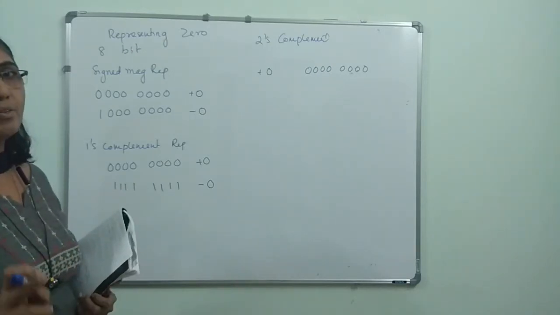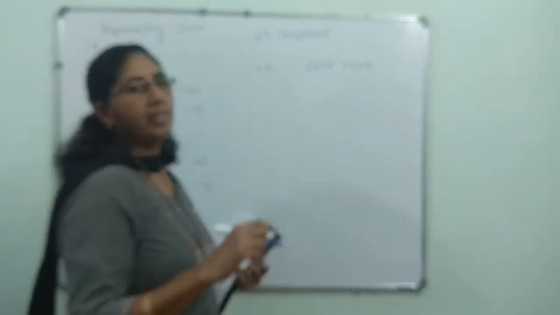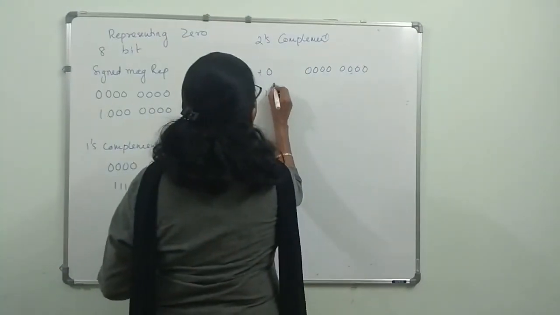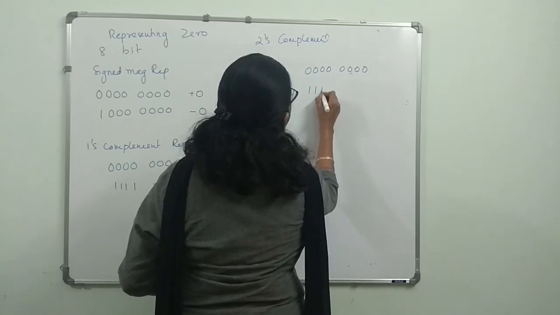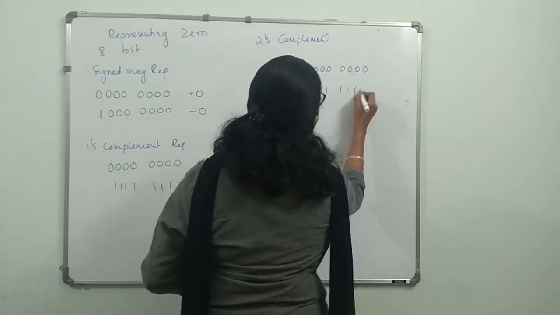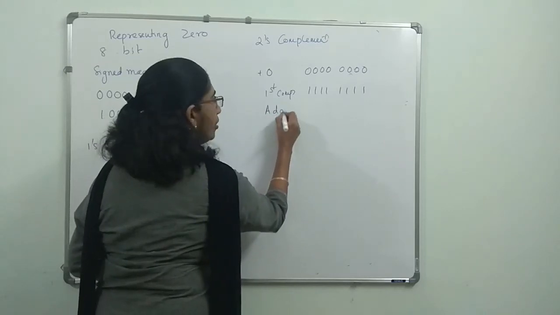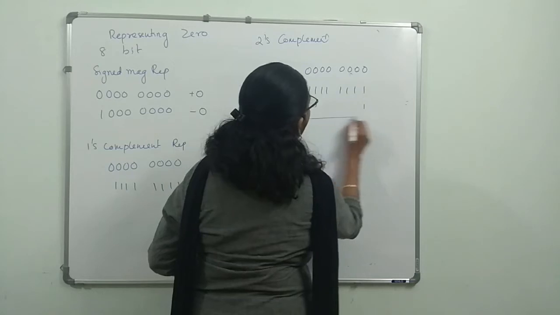First we have to take the 1's complement, the same procedure we did in doing the other negative numbers also. What is next? You have to add 1. You can also do along with me. Add 1.